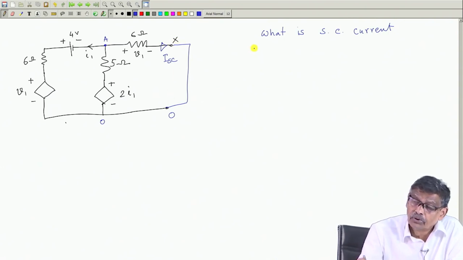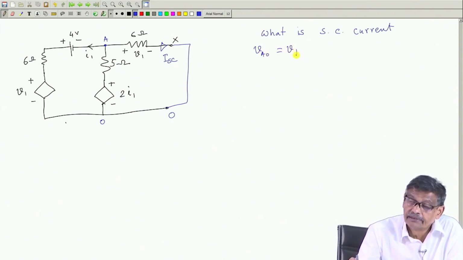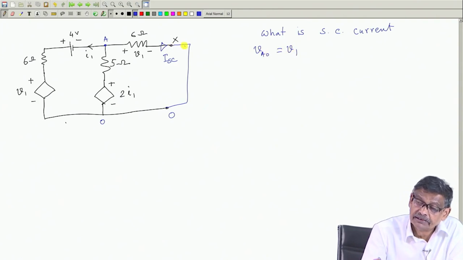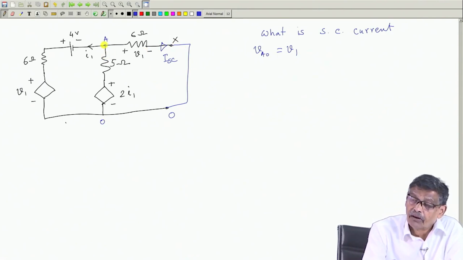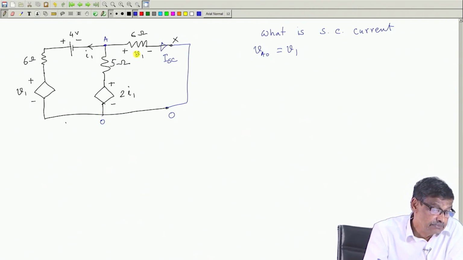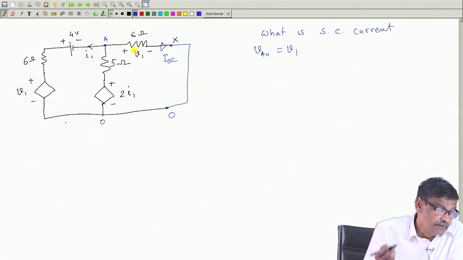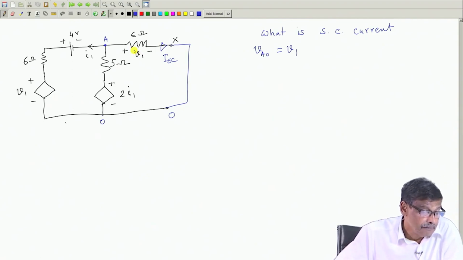So, first thing you note that V AO has to be equal to V1 itself, because this point is now same as this point. So, the potential of this node with respect to this point is nothing but V1 itself. Clear?